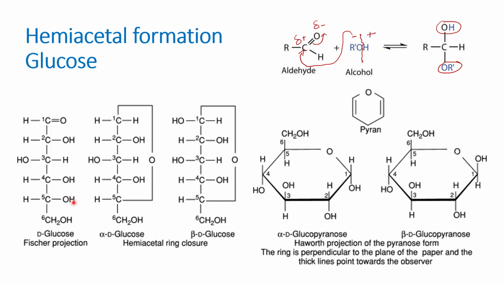What happens here is the 5th OH group interacts with the carbonyl group on the first carbon. We know the carbon is positively charged and the oxygen becomes partially negatively charged, and this O cleaves, and there is a negative part to it and a positive part to it. The hydrogen will go to the oxygen, and this oxygen will form a bond with the carbon, and that is what we see in this molecule.